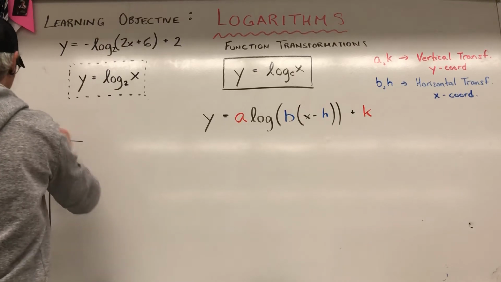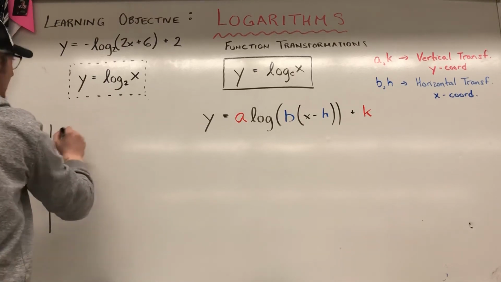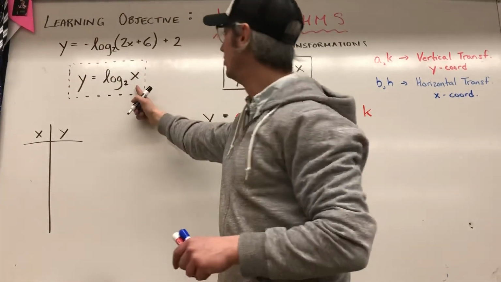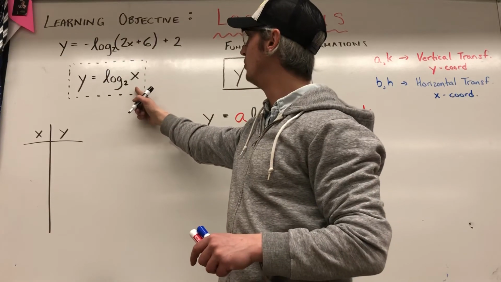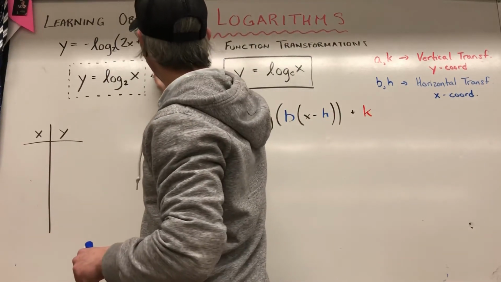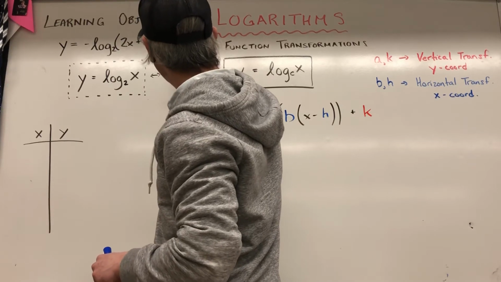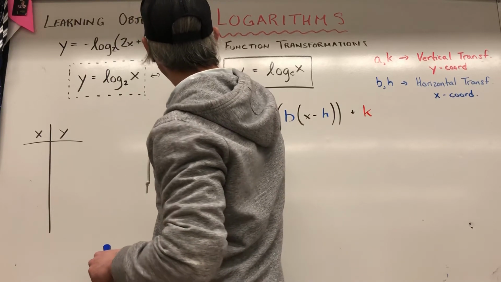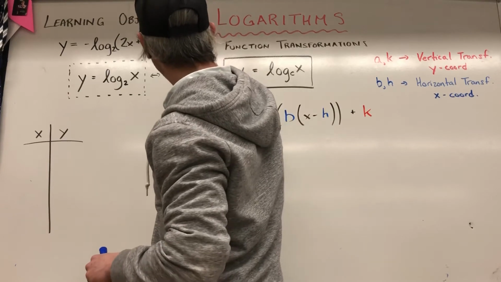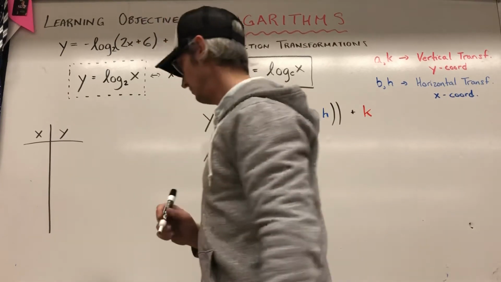And in order to do a table of values without having to use a calculator, I'm going to convert this into its exponential form, which is x is equal to 2, which is my base, or c, to the y.